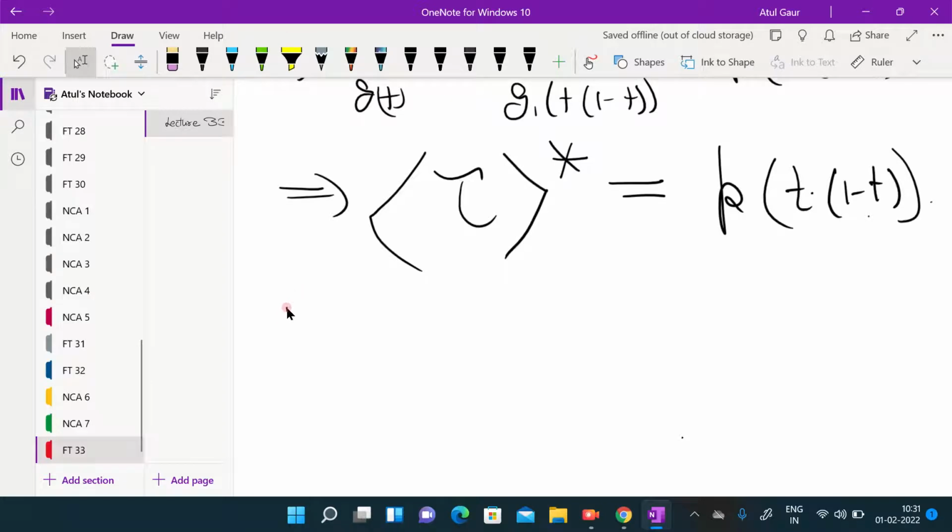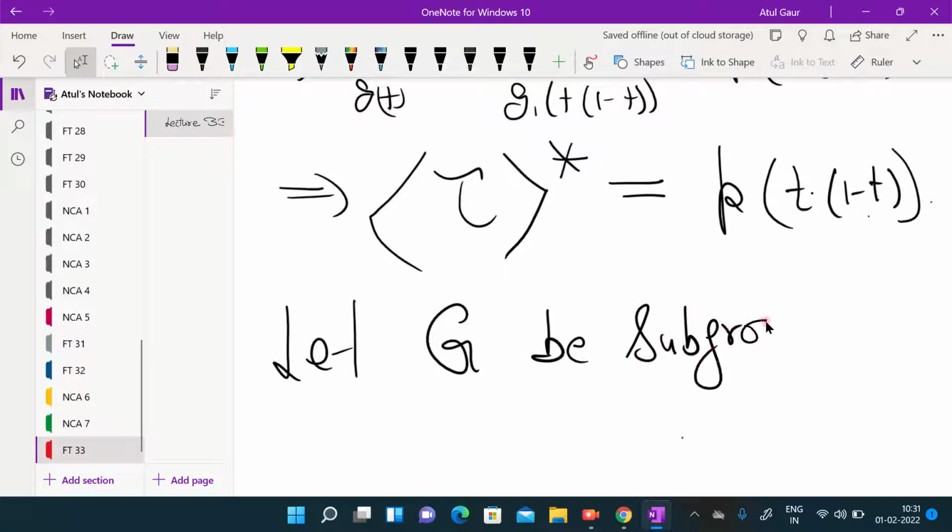So what you do is, let G be the subgroup of the group of all k-automorphisms on E generated by sigma and tau. Since we have defined the group generated by, it has to be a subgroup, so that's why I'm writing it; otherwise it's clear.